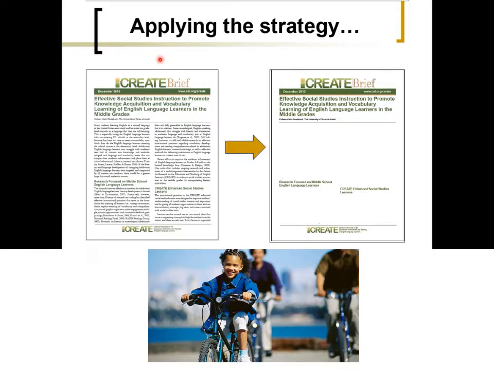Right. So when you are previewing and predicting, you are actually guessing about the text. Firstly, what you can do is try to look at the title of the text. Okay, so let's say this is an example of an article from a journal.